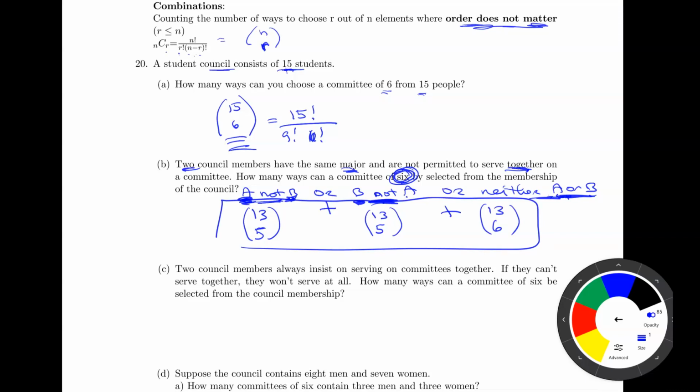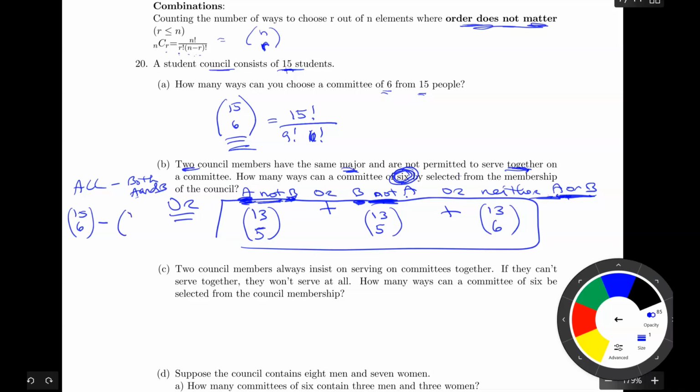Now, I want to make sure you see a different way to do this. What we could do is find all the ways, and subtract off choosing both A and B, right? So what are all the different ways that I could, out of the 15 people, choose 6 for the committee, and I could subtract off choosing both A and B, which is what I can't do, right?